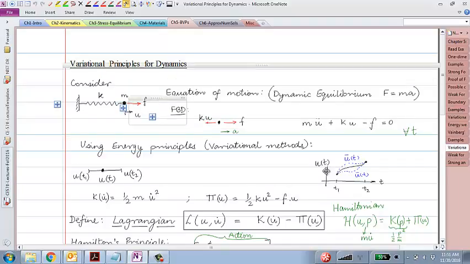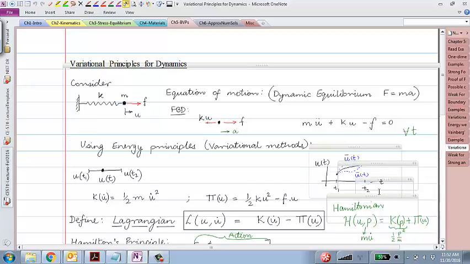So if I were to plot the trajectory of that particle, it would be like a sinusoid going like that. Now, if I pick two instants of time in that trajectory, then what I'm trying to find is this path. How does the displacement of the particle go between T1 and T2? This black path is what I'm trying to find.